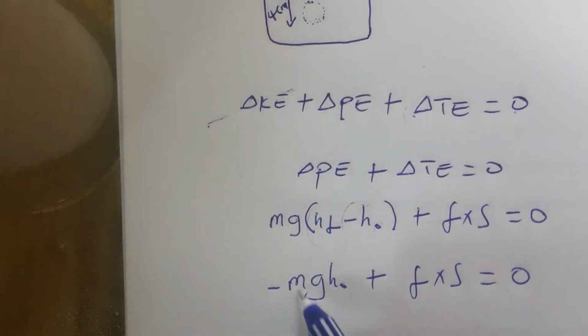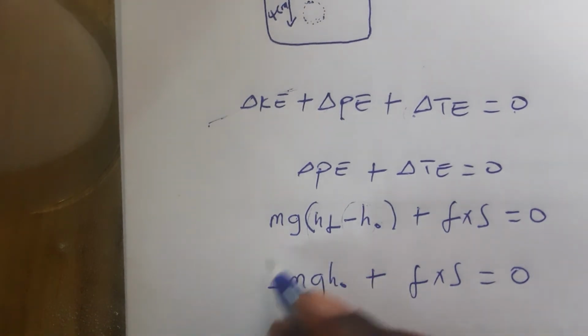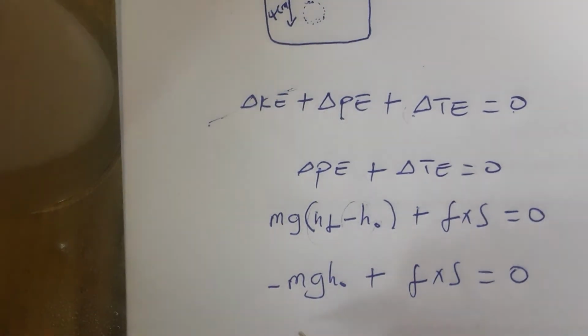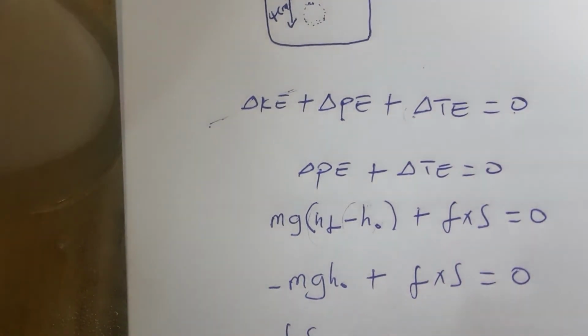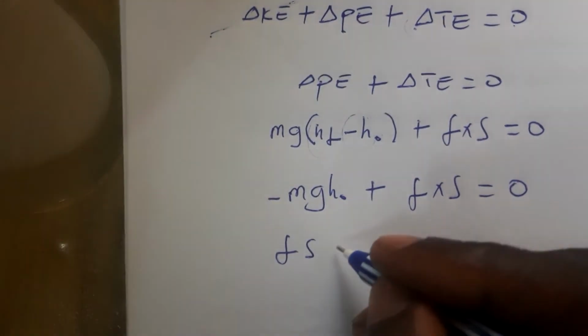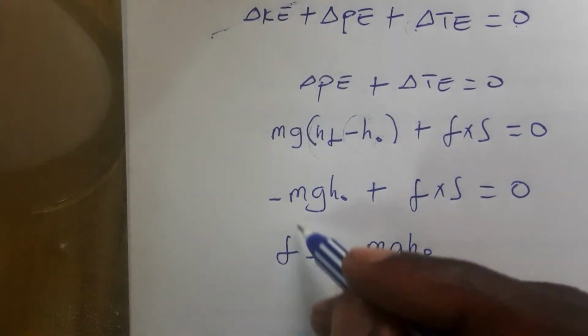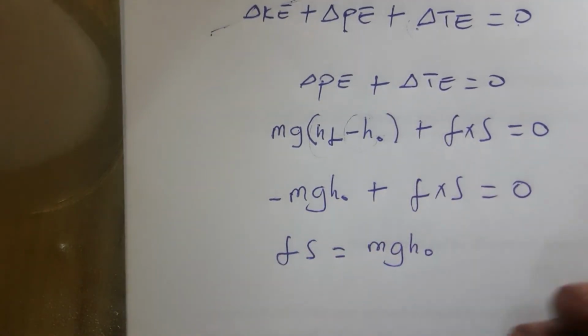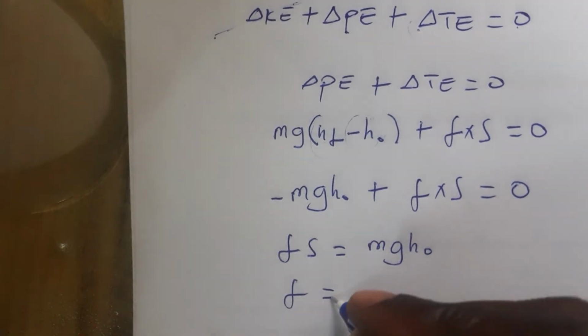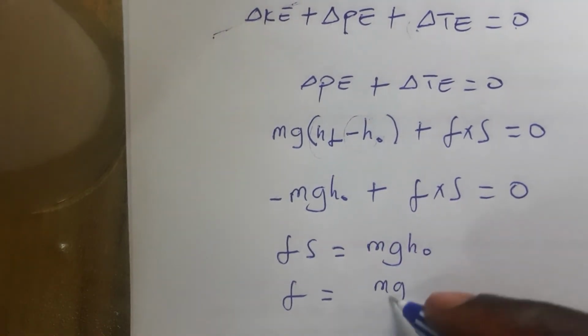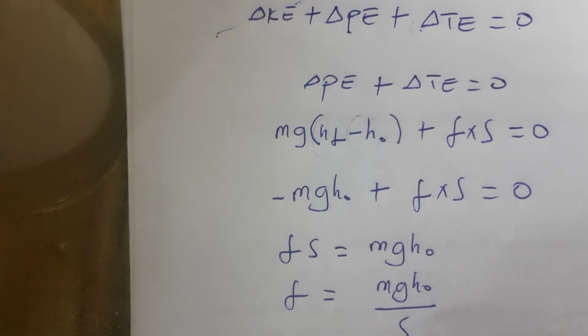So when we take this other side, we shall remain with friction force times distance, which is the same as FS is equals to mgh. So let's make friction force the subject of the formula. So F is equals to mgh over s.